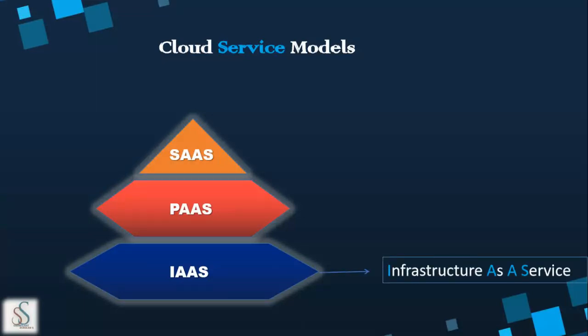In this layer, cloud providers, be it AWS, Azure, or GCP, Google Cloud, will provide infrastructure as a service. Infrastructure means physical equipment like computing machines, network routers, and storage data centers. This infrastructure is provided as a service to companies if they opt for it.